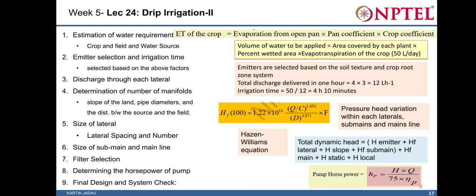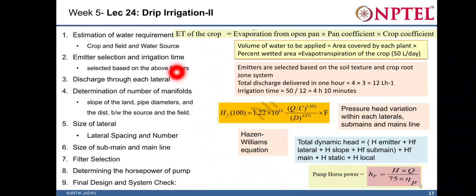And these are the design steps. The first one is to estimate the water requirement, which is basically based on the crop and field water sources. Then we need to select the emitter and irrigation time.